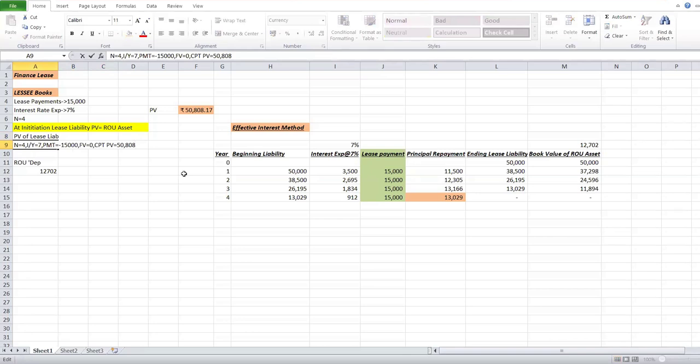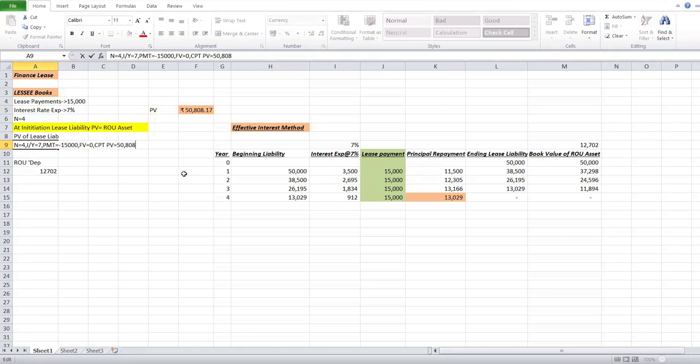So this is your calculator command. We have to derive the present value with the given conditions. The number of years is 4, so N is equal to 4. I/Y is equal to 7, that is 7 percent.